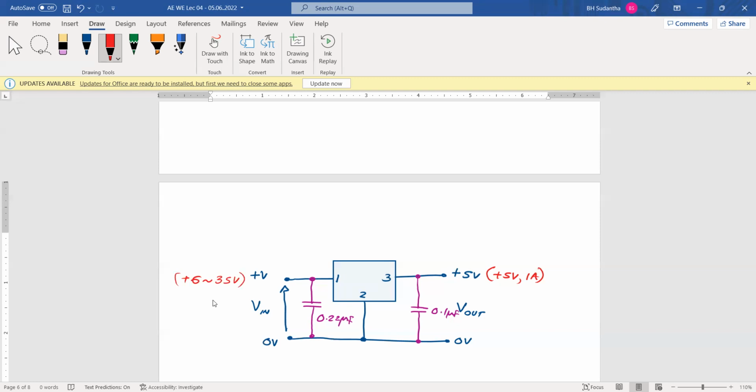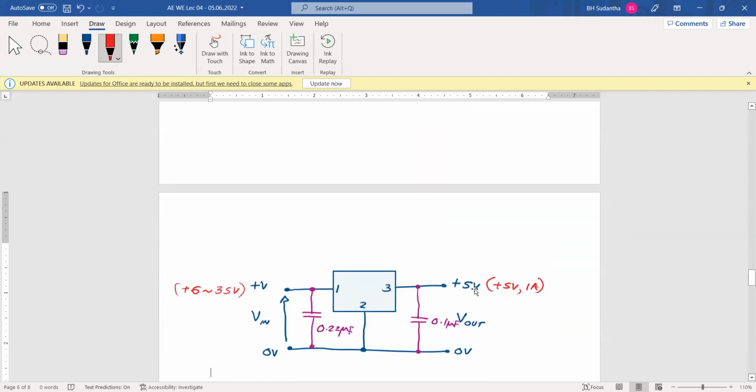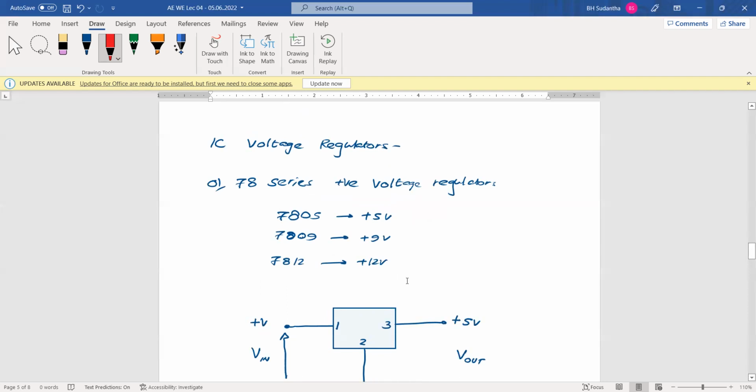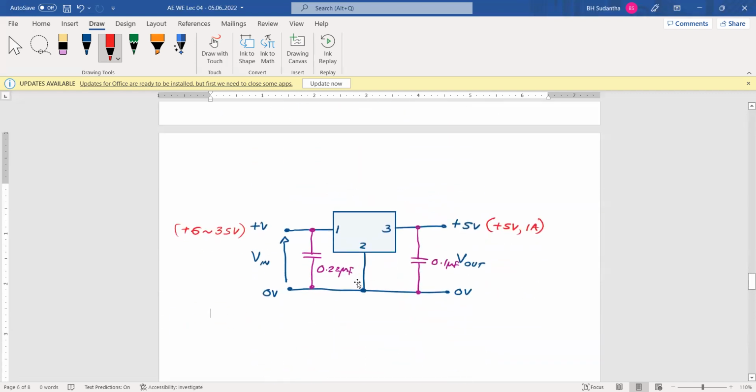But if you change this IC, if it is 7805, it will be 5 volts output. As I mentioned earlier, if it is 7809, 9 volts output will be there. If it is 7812, 12 volts output will be there. You can add this type of small circuit to your cheap power packs, and then your output voltage will be fixed.